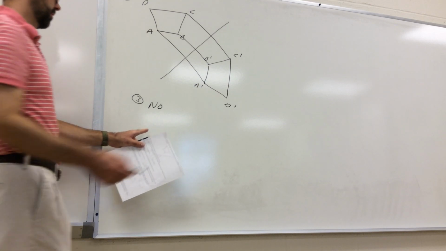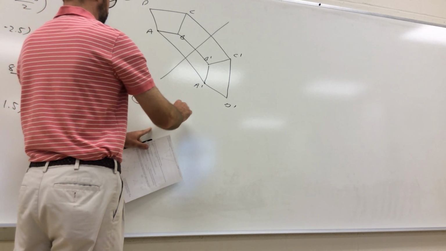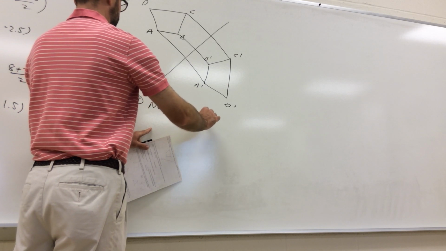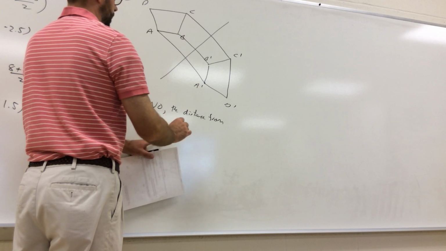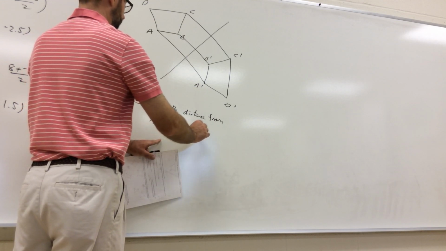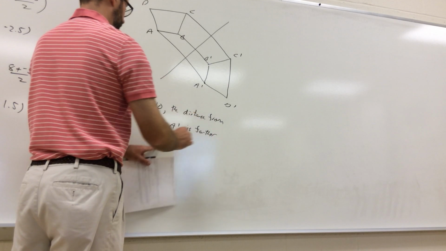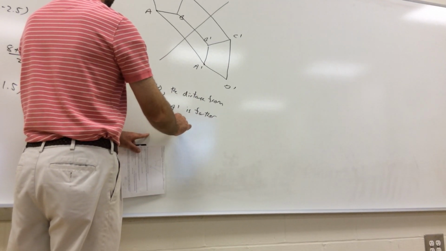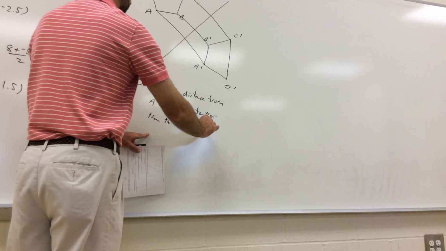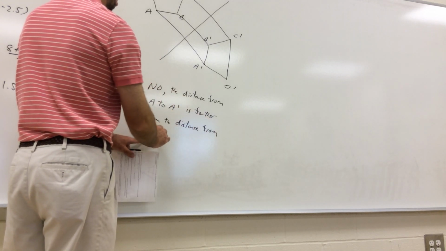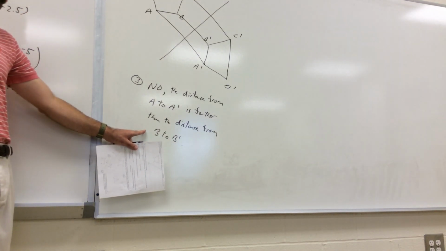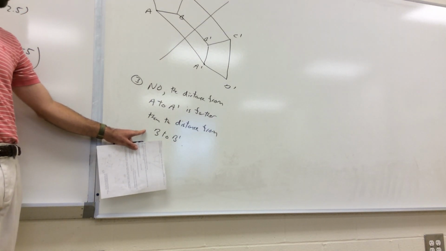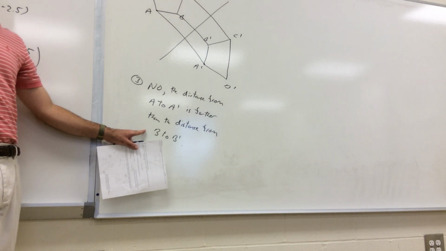And then it says, how can you tell? I'm just going to say the distance from A to A prime is farther than the distance from B to B prime.